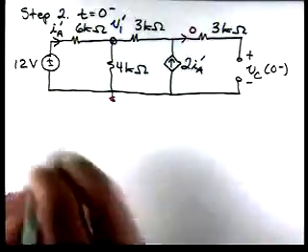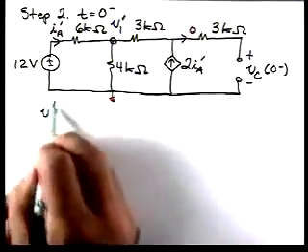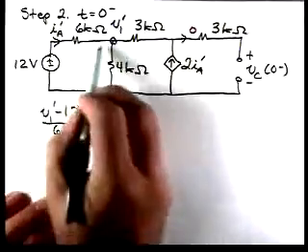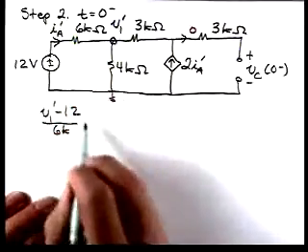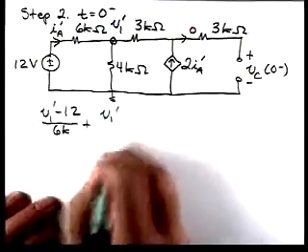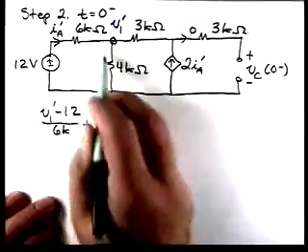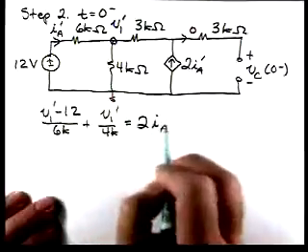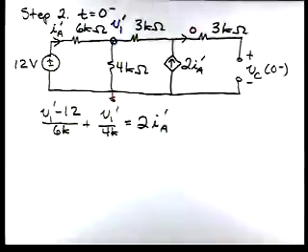So now we have V1 prime minus 12 over 6K. That's the current going that direction. Then we have V1 prime over 4K, the current flowing down, and that's equal to 2IA prime.